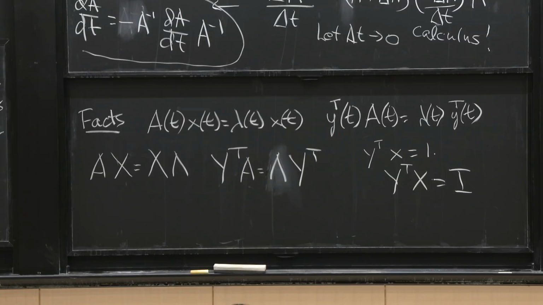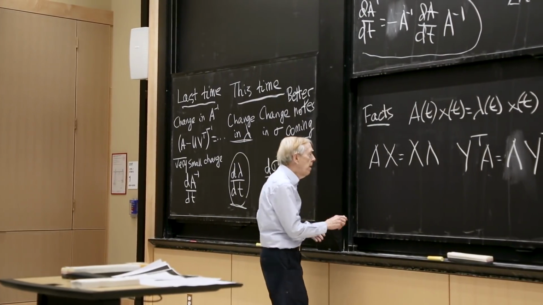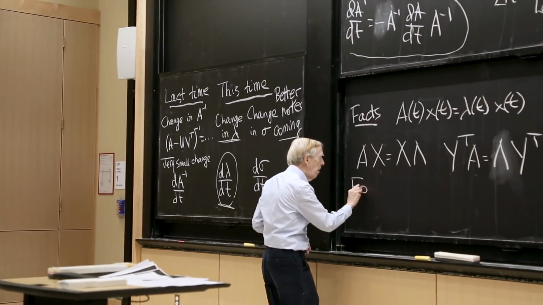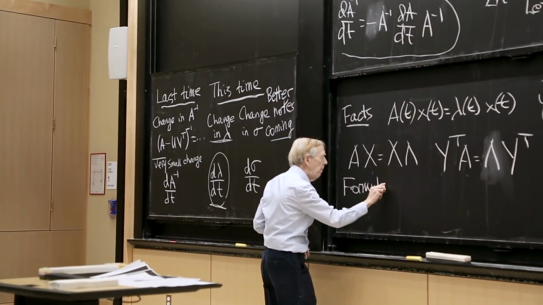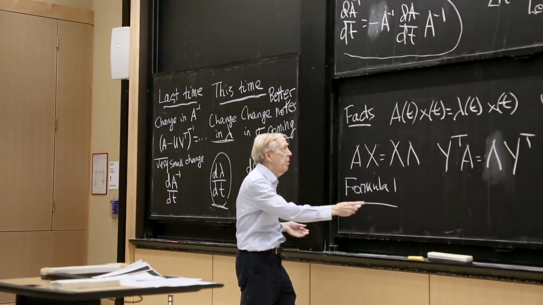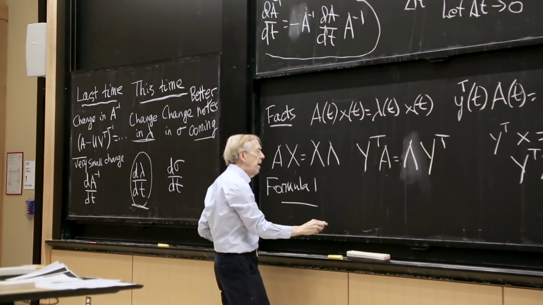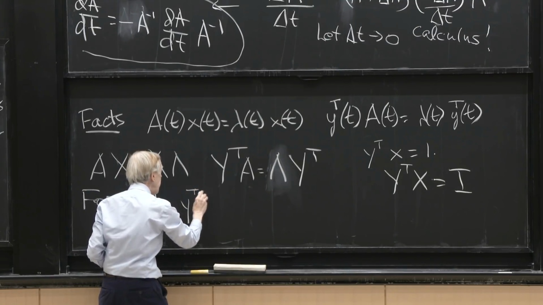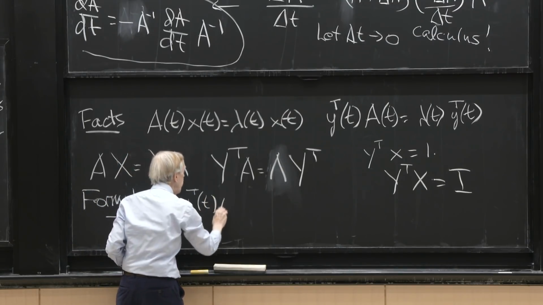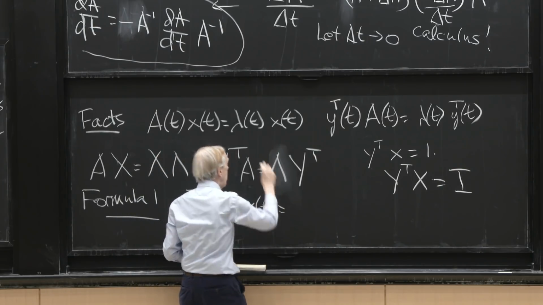And now I plan to take the derivative with respect to t. Oh, okay, I can derive one more fact. This is formula 1. Formula 1 just says, what do I get if I hit this on the left by Y transpose? Can I do that? Y transpose of t, A of t, x of t equals lambda of t.